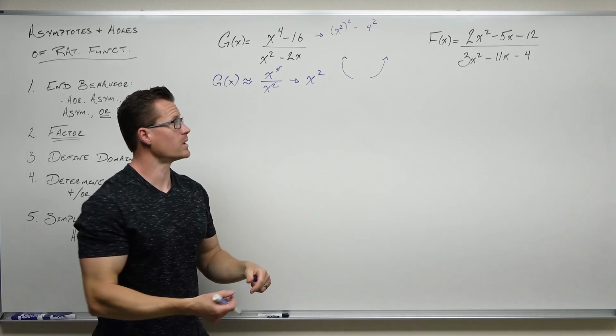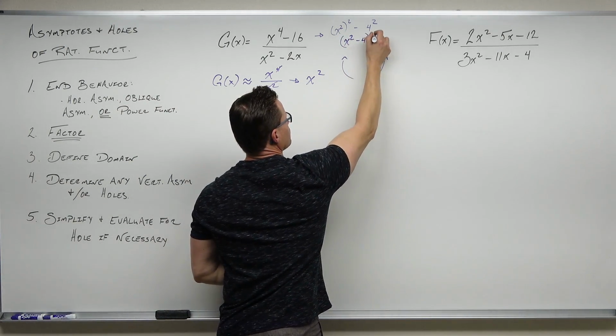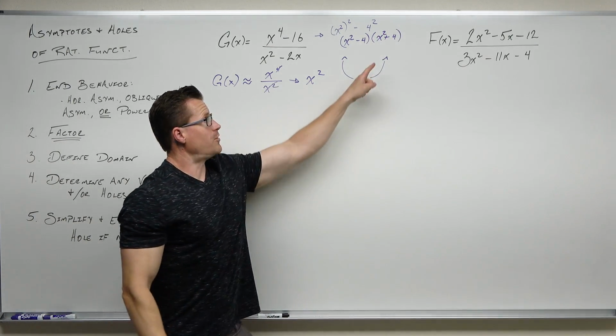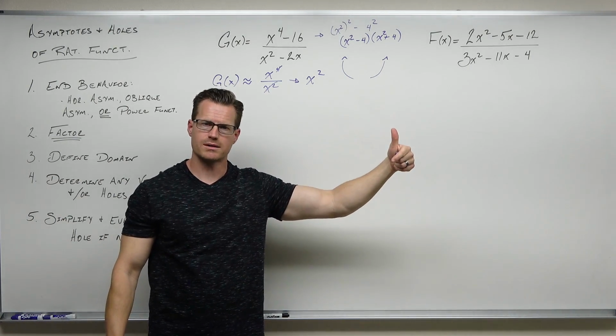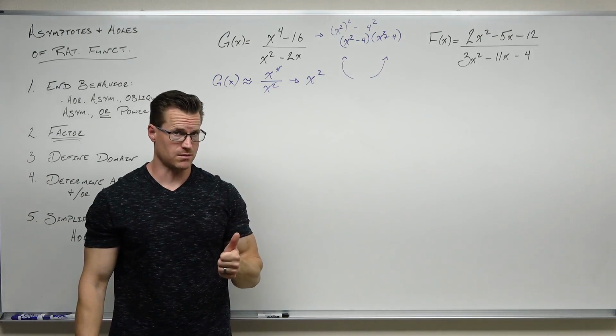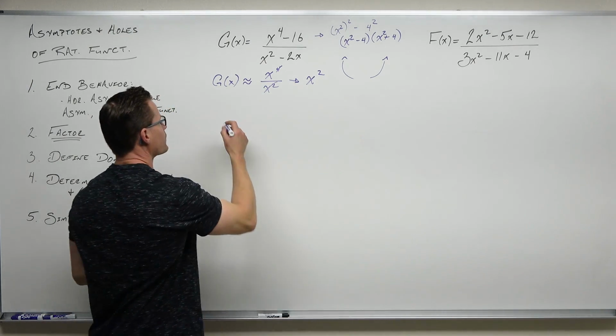It is a difference of squares. While that's not factorable, that's an irreducible quadratic again. x squared plus a constant, you can never factor that. x squared minus a constant, you can always factor that. So we can factor that as x minus 2 and x plus 2.